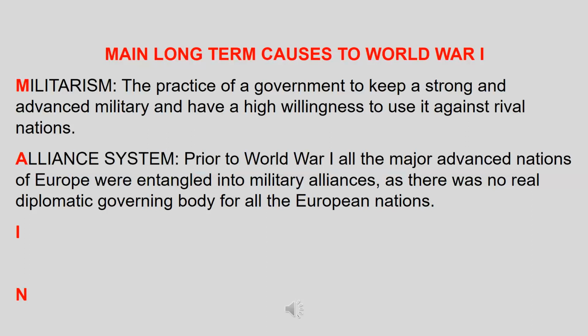Canadian, New Zealander, and Australian troops also served in the English military through this extensive alliance system. Even the Far East became entangled in the conflict as the Japanese Empire sided with the Allied powers in hopes to secure German Pacific Islands and German spheres of influence in China. So another main long-term cause to World War I was A, alliances.